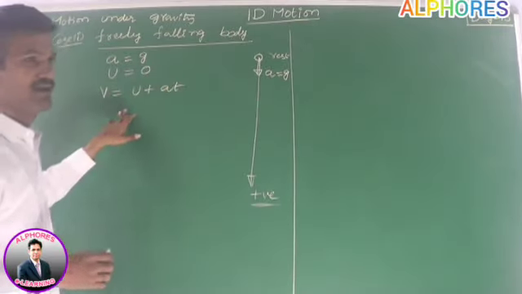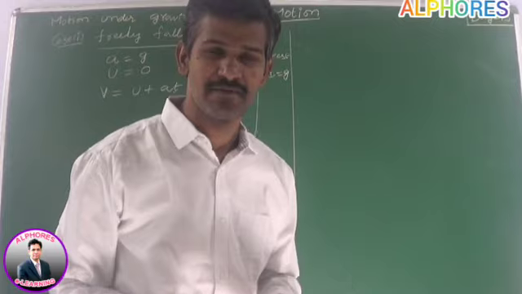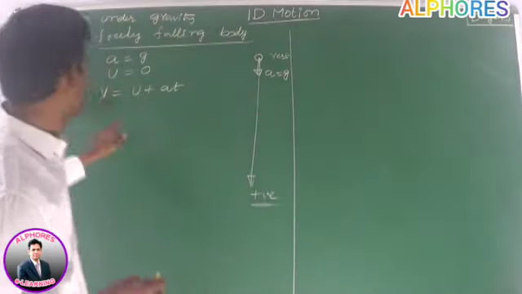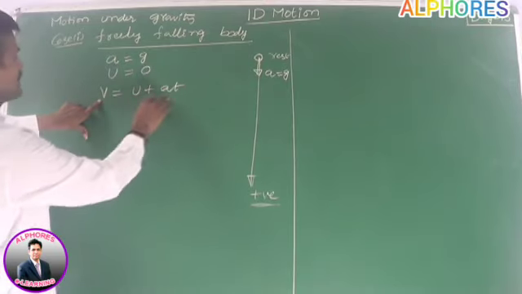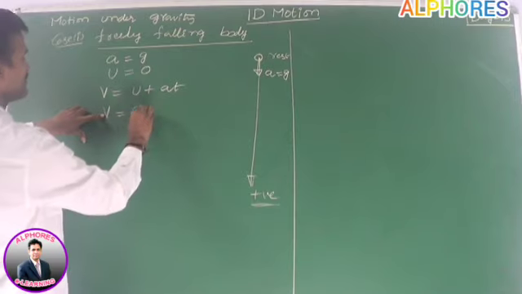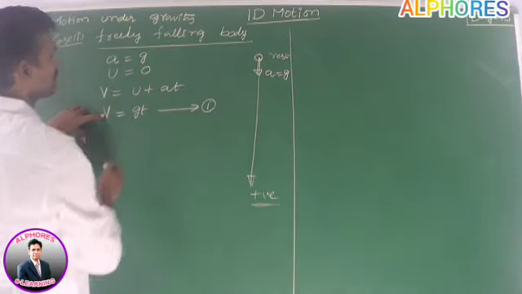First we discuss how to change the equations of motion. Yesterday we discussed it, once again I am repeating that concept. This equation v equal to u plus at is changed as v is equal to gt. This is our first equation for freely falling body.